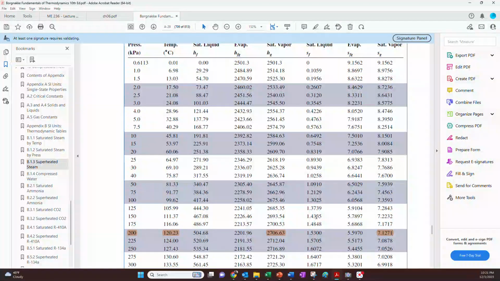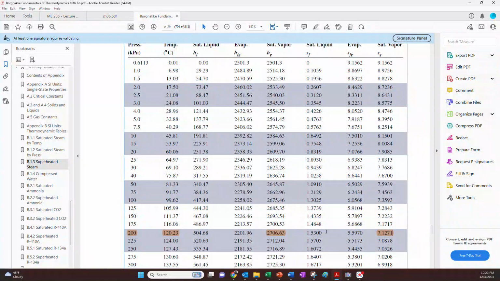So HB1 is equal to 2,706.63 kilojoules per kilogram, and SB1 is 7.1271 kilojoules per kilogram degree Kelvin.